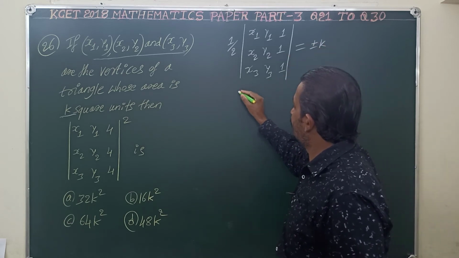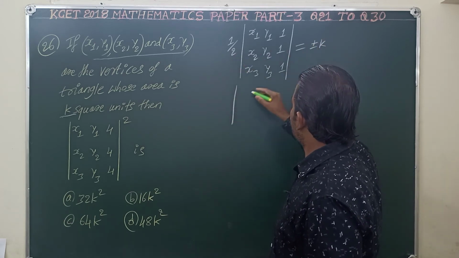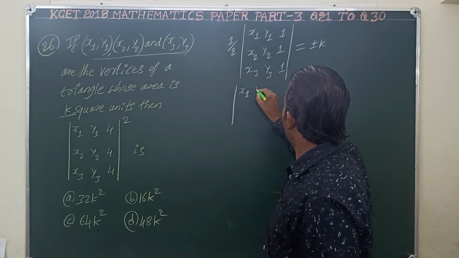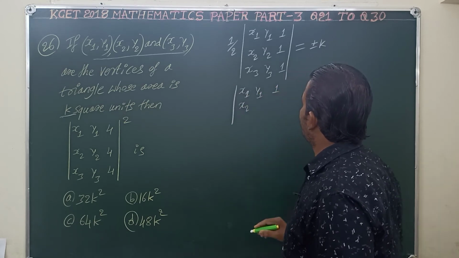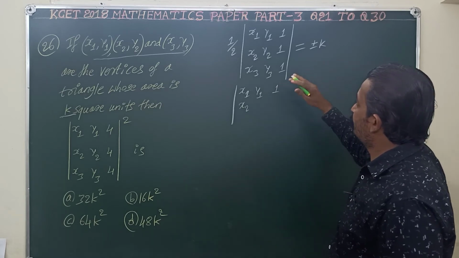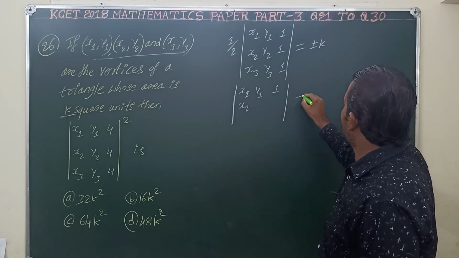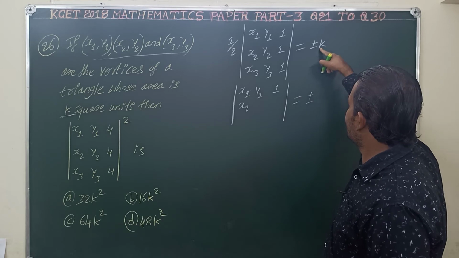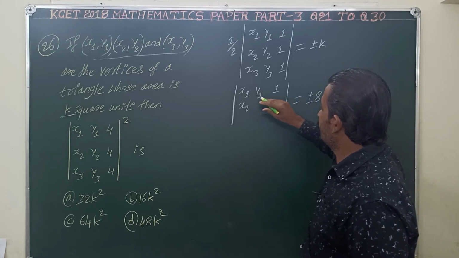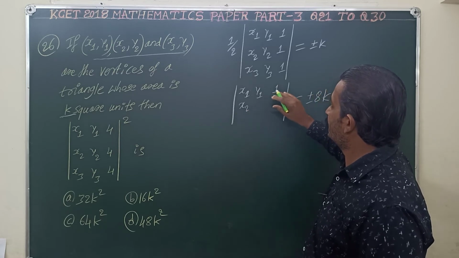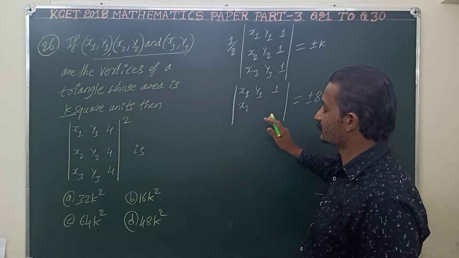Now cross multiplication, we get 2k. Multiply by 4 on both sides, it becomes plus or minus 2k multiplied by 4, nothing but plus or minus 8k. Here multiply by 4: any row or any column multiplied by 4, it is the property.